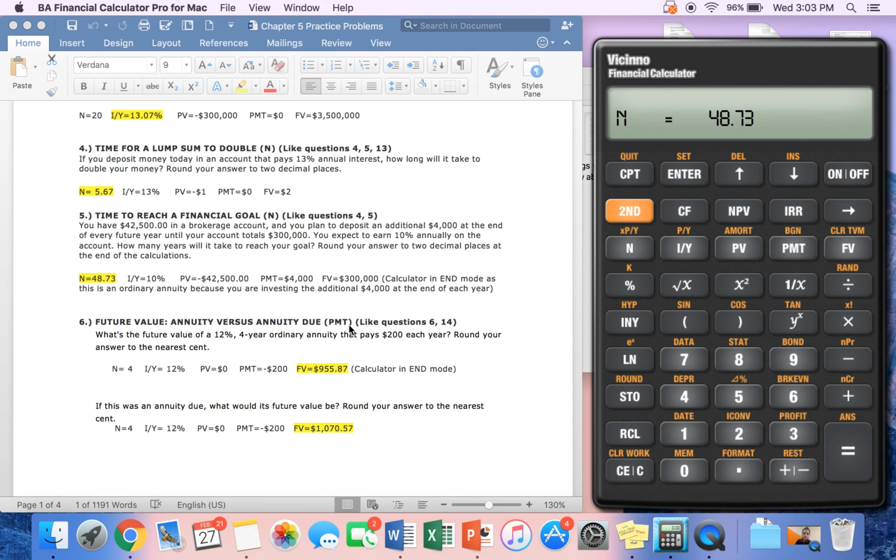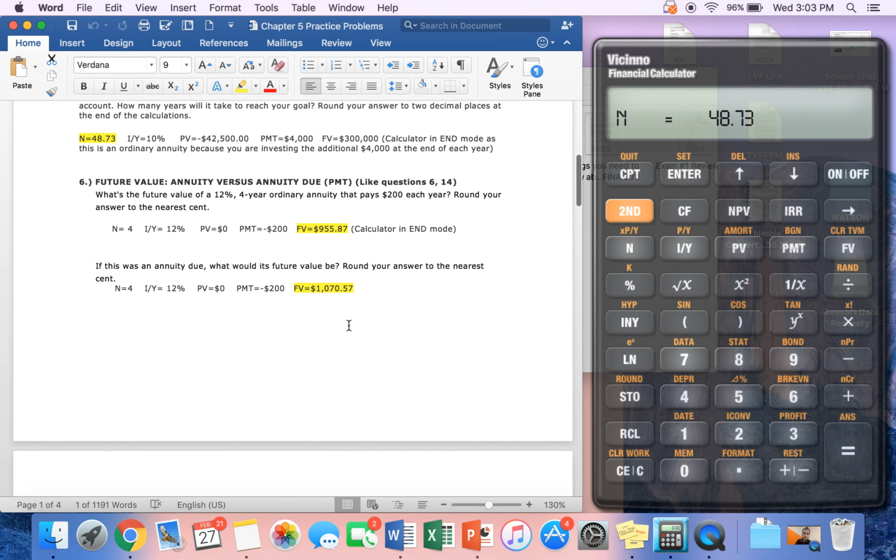We would find out that our N would be 48 years, 49 years roughly. So it would take us 49 years to reach a value of $300,000 in our brokerage account if we put in $4,000 every year.